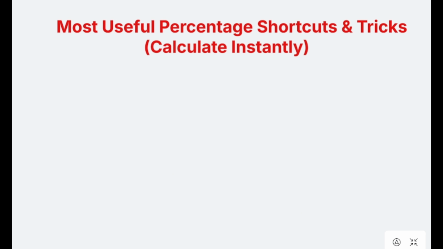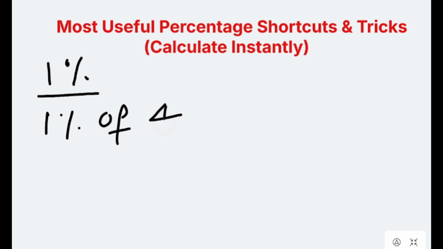The next trick is going to be finding 1%. How do we find 1% of any number? For example, let's take what is 1% of the number 450. To find 1% of any number, the trick here is move the decimal two places left.